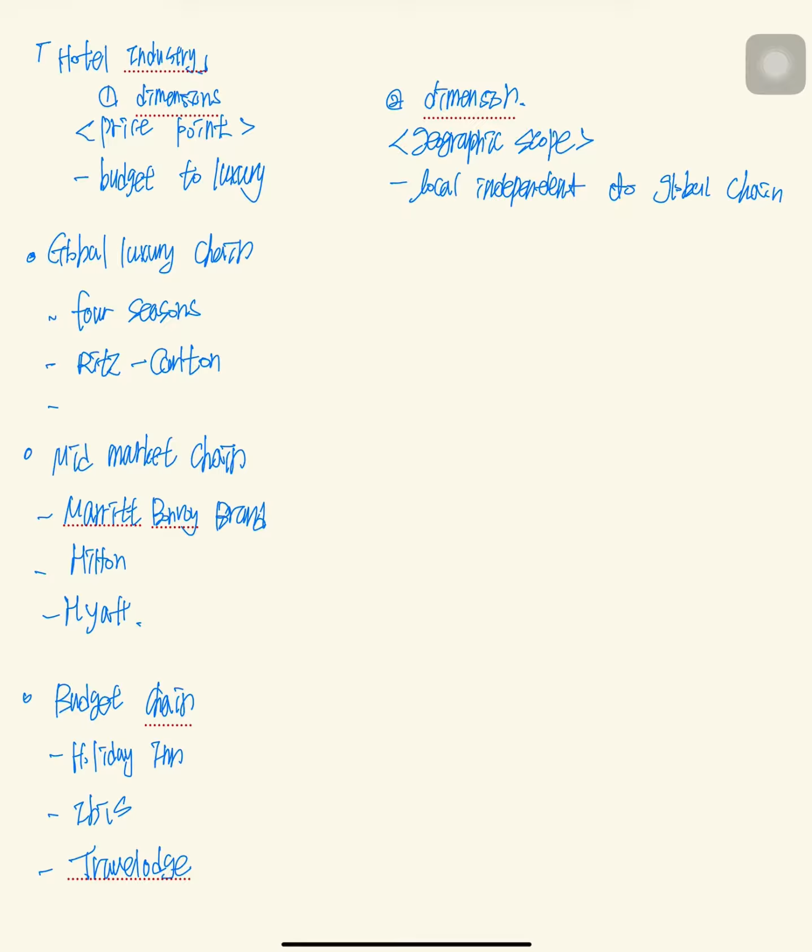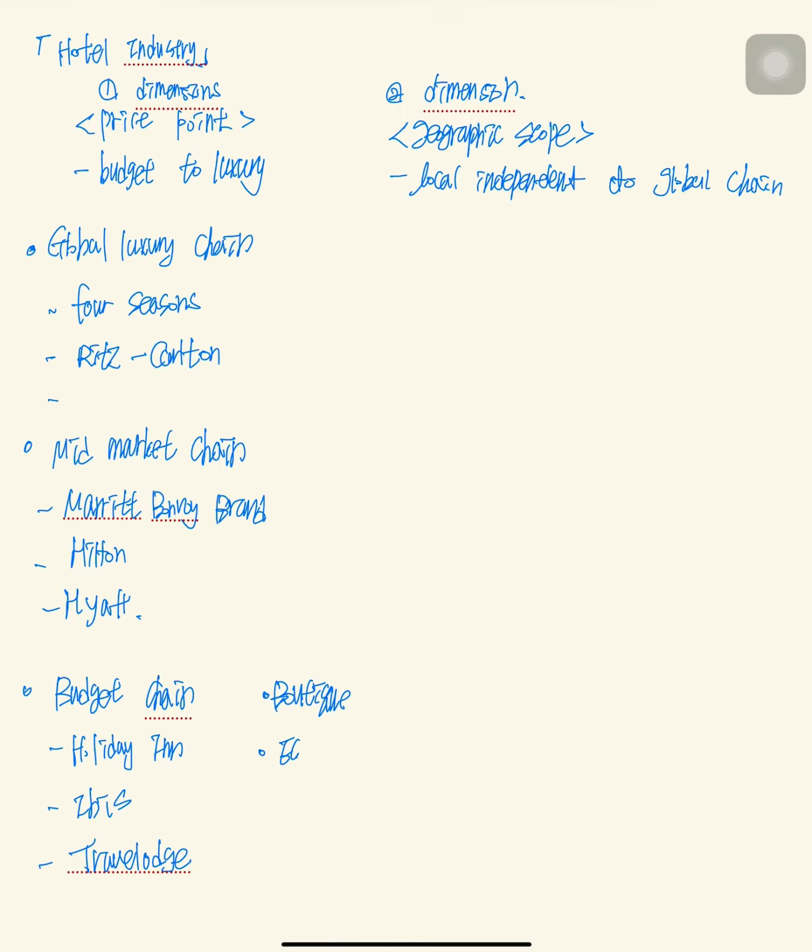Maybe they have one more, boutique independent hotels clustered in the premium to luxury segment, and economy lodging brands and motels at the lowest price point with a limited geographic scope, right?